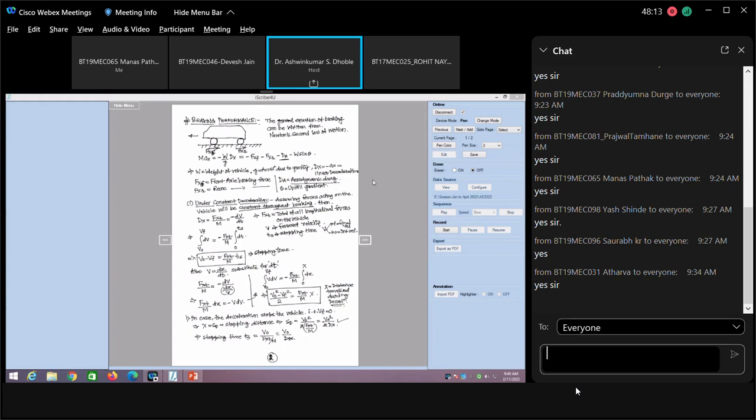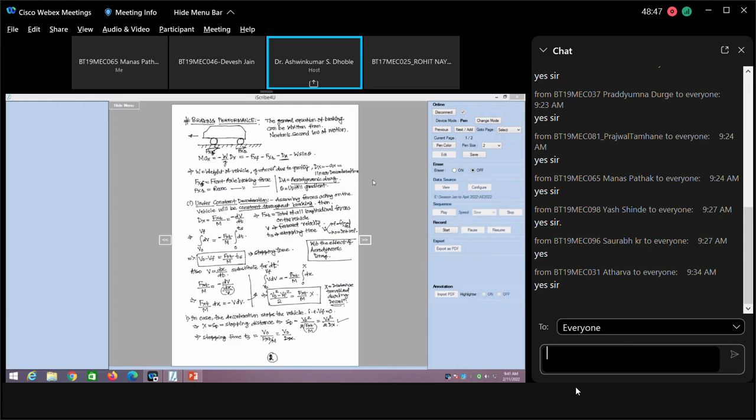So please understand that this is without the effect of aerodynamic drag. So now if we consider the aerodynamic drag, what is going to happen? What is your guess?